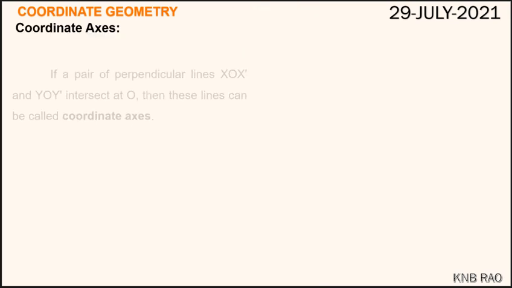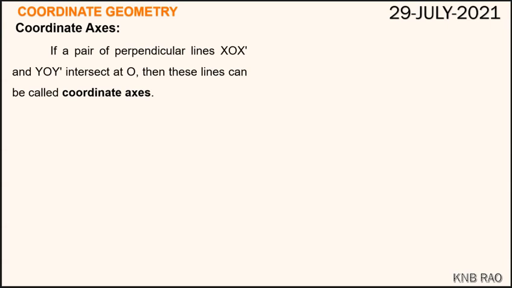Coming to the first one, if a pair of perpendicular lines XOX' and YOY' intersect at O, then these lines can be called coordinate axes. Point 2, the axes divide the plane into 4 quadrants.